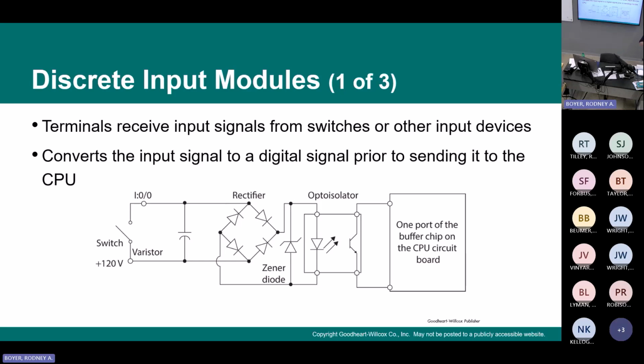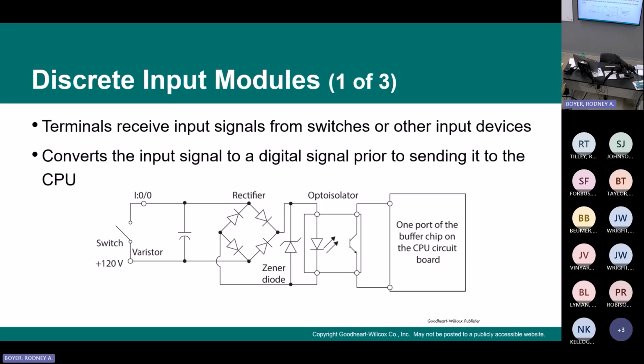Discrete input modules, that is a 120 volt input on that diagram. It takes a 120 volt signal, rectifies it. Do you guys know how rectifiers work? No? A little bit?